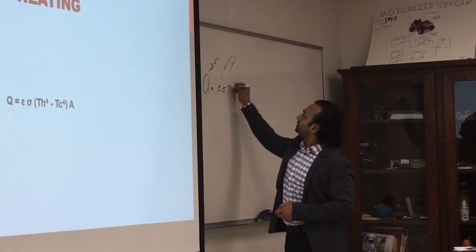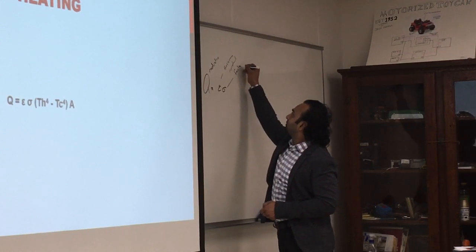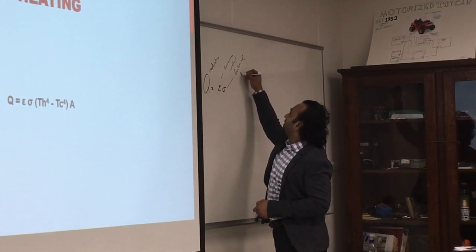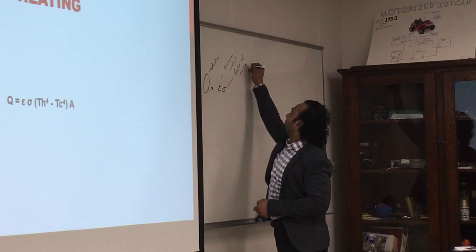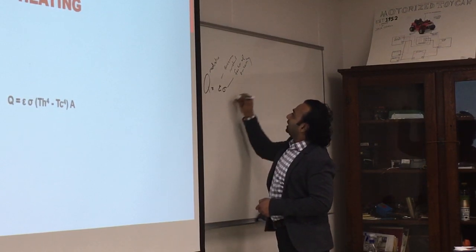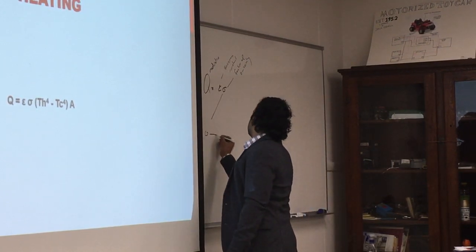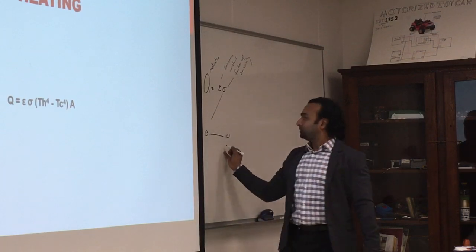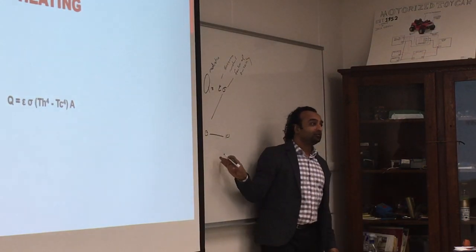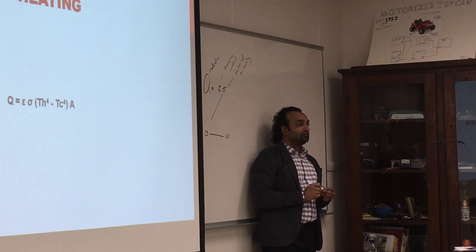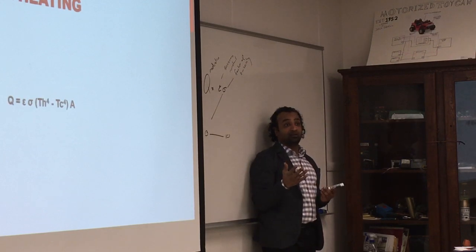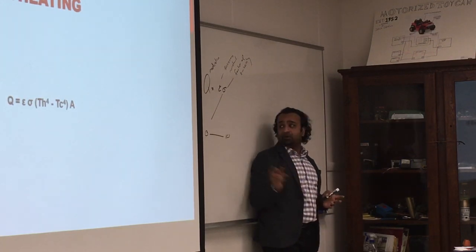This here is called the factor of emissivity, and it varies between 0 and 1. Can you guess what that relates to? Color. Dark color absorbs up to 1.